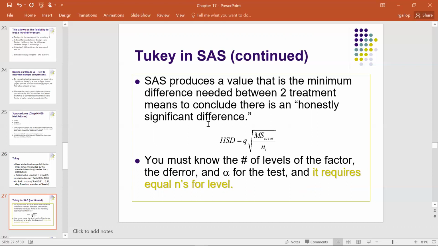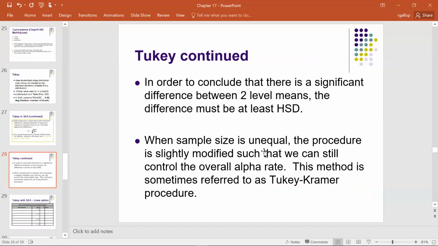It tries to figure out the minimal difference where things are statistically significantly different, and therefore we get that riding-the-coattails effect accommodated. The Tukey approach does the derivation for us in creating this honestly significant difference based on the Q distribution, the mean squared error, and the sample size per cell. The formula requires equal n's. When we don't have equal n's, SAS uses the Tukey-Kramer approach.